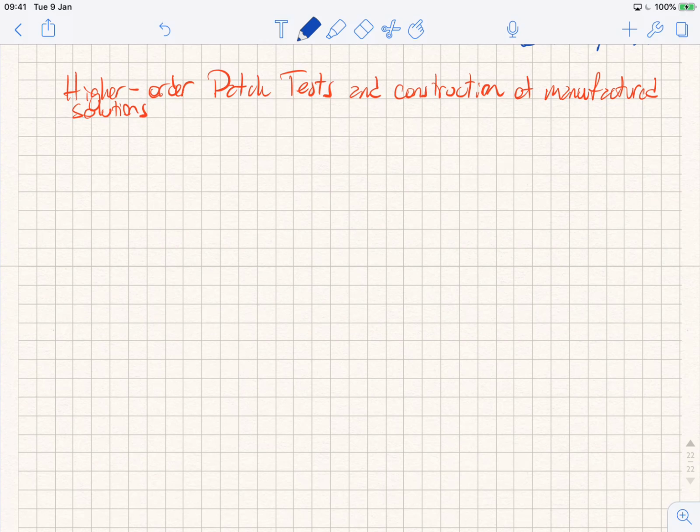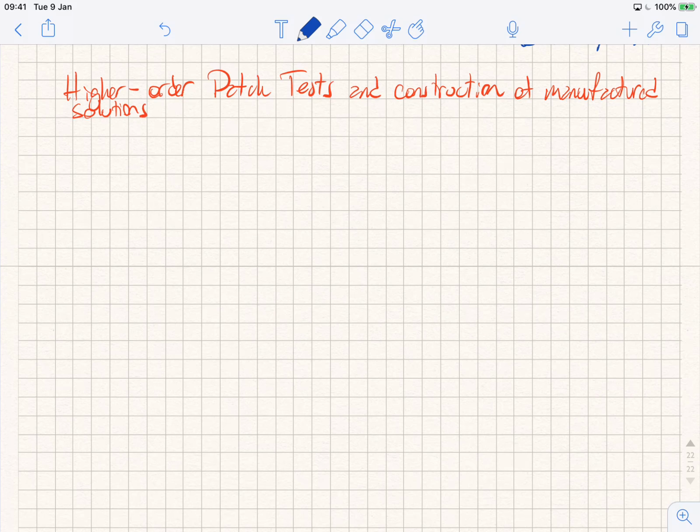Now you go to p-FEM, and the first thing you did is you implemented your quadratic shape functions, and you want to see whether your formulation makes sense. So we said one way to do that is just solve a quadratic problem, and then if you get a 0 error, that means that your formulation is correct. And so that's where these high-order patch tests come into play, because the idea is to construct a solution that you can actually use to test whether your formulation is working properly or not.